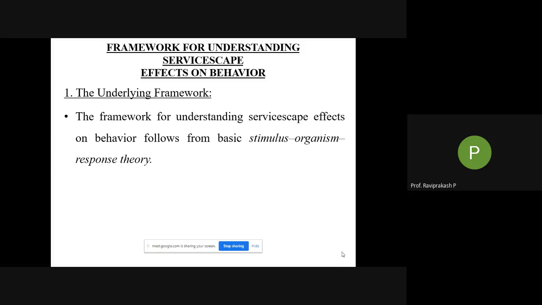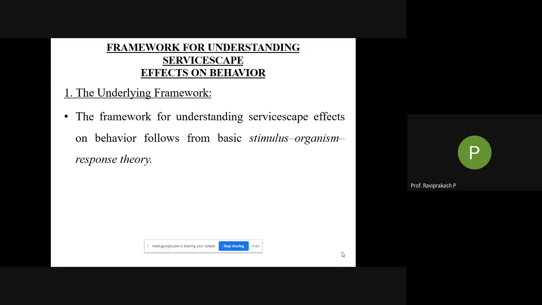First I'll take you to your school days, where there was an example given of a touch me not plant. What is a touch me not plant? If you touch it, the leaves curl themselves. In this, the thing you are touching, the touch, is your stimulus. The organism is the plant, and the response is it curling its leaves.